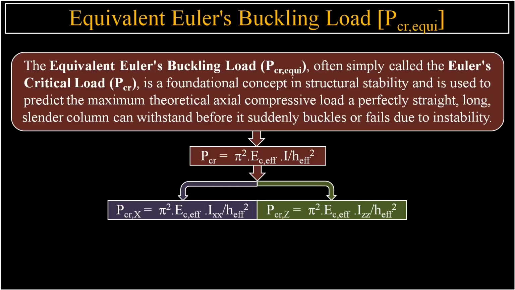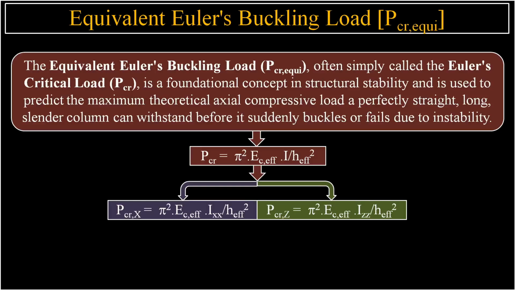Note that we use the respective moment of inertia, Ix and Iz, and the respective effective length factors, Kx and Kz, in our formulas. The modulus of elasticity, E, is considered the same for buckling about both axes.